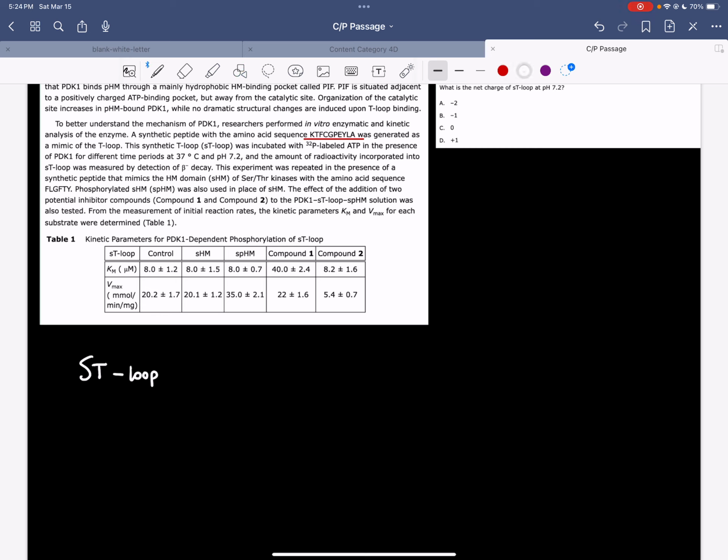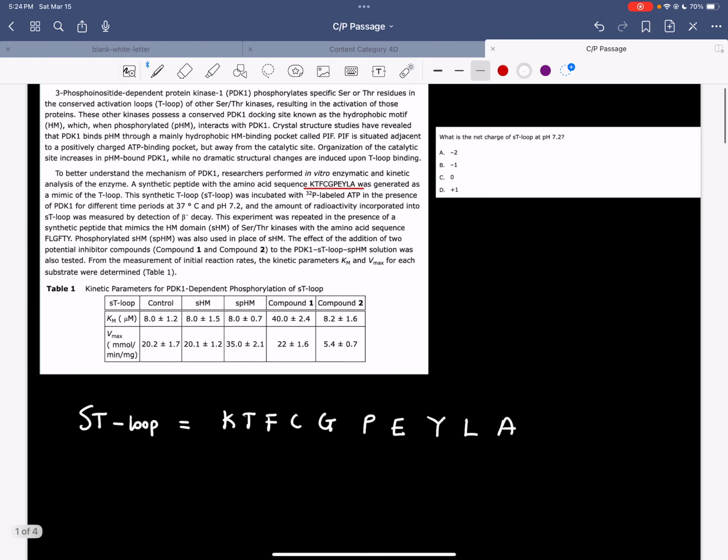So the ST loop is basically K T F C G P E Y L A. Now, we have already figured out what the ST loop sequence is, and they're asking at pH of 7.2. And we know that pH of 7.2 is technically the physiological condition or the neutral condition.